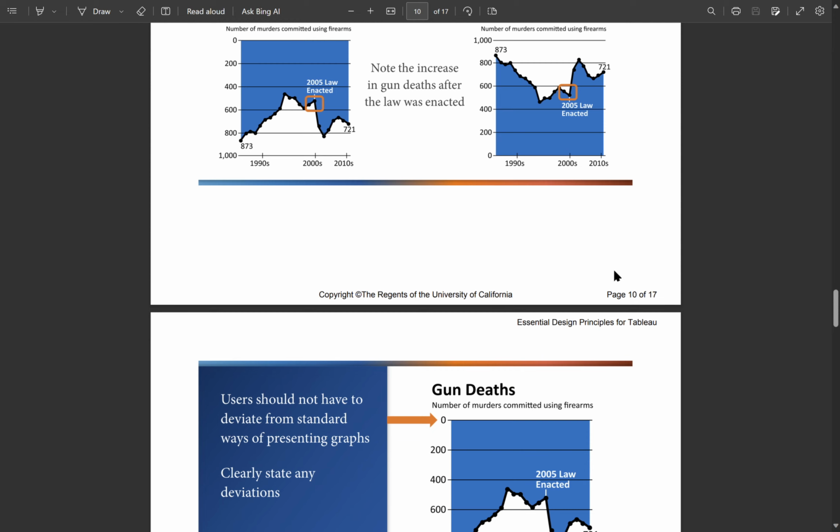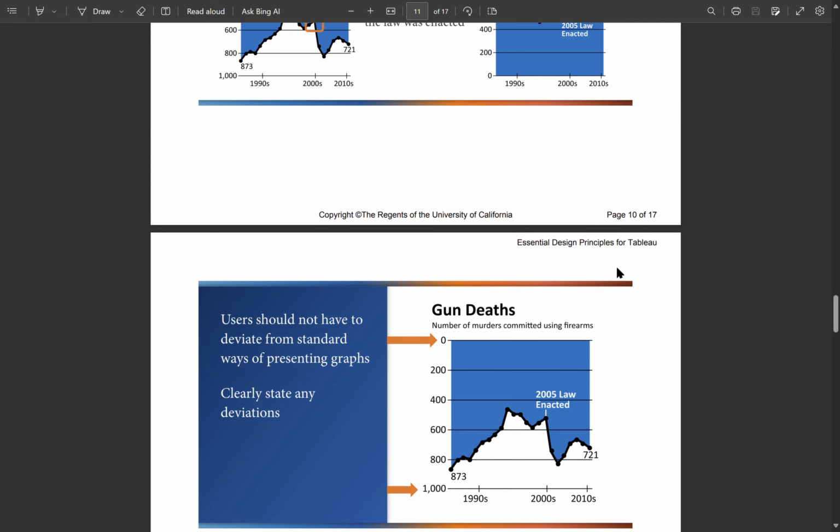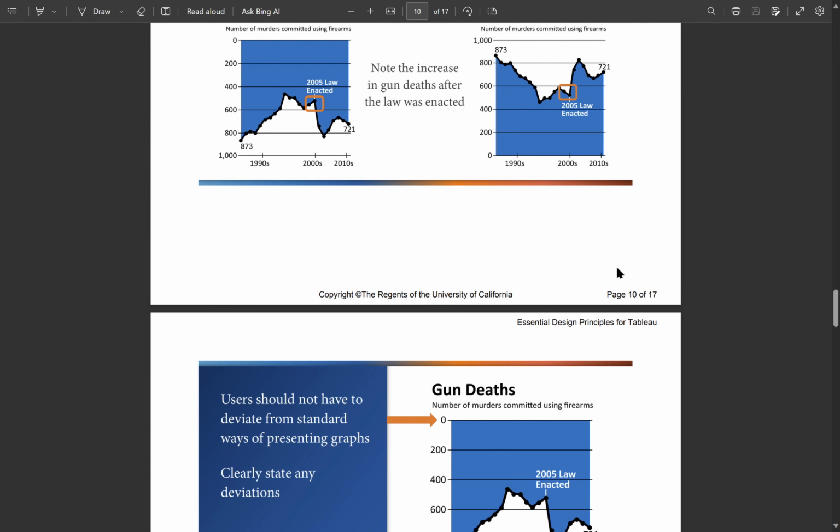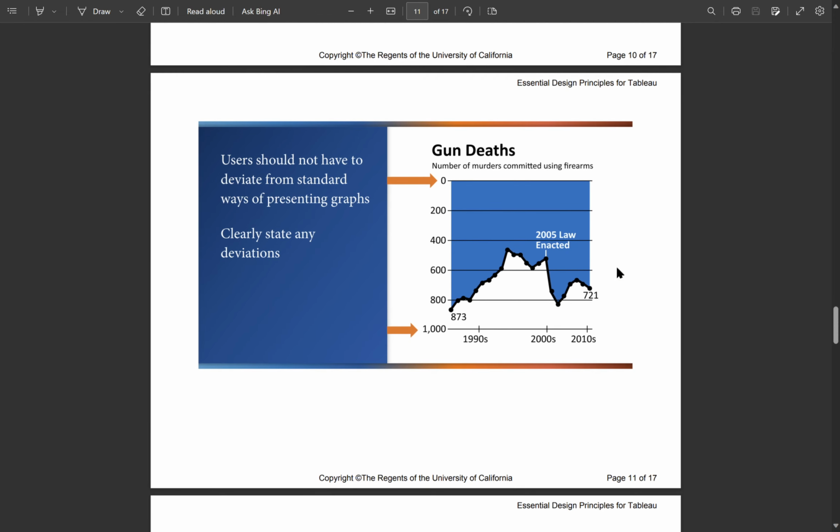Next, let's look at the graph on the left hand side and see what things designers should do when they create this kind of inverted graph.